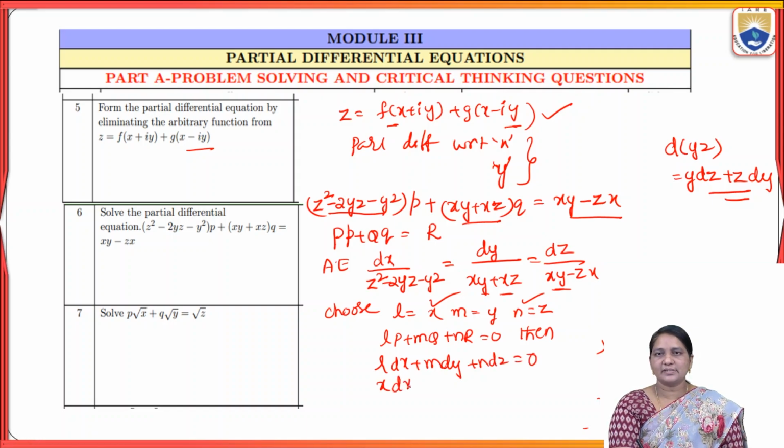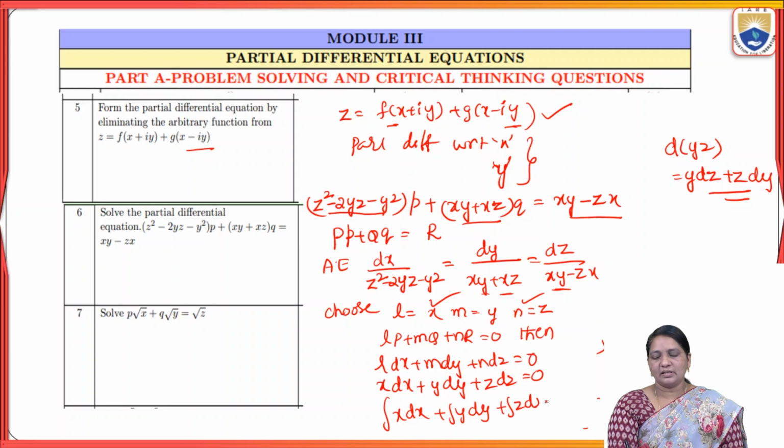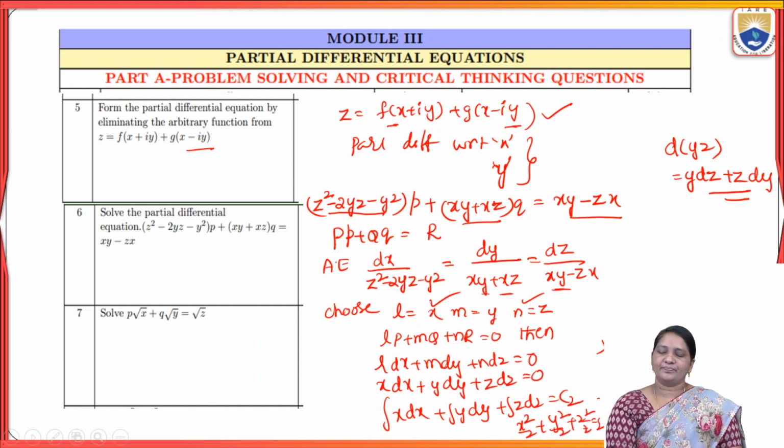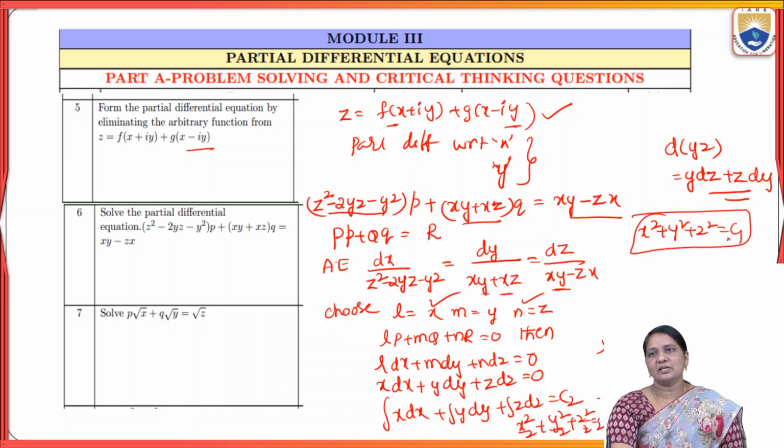So x dx plus y dy plus z dz equal to 0. Now integrating the function, integral x dx plus integral y dy plus integral z dz equal to some constant. So this becomes x square by 2 plus y square by 2 plus z square by 2 equal to c2. The solution is x square plus y square plus z square equal to c2. This is the second solution.